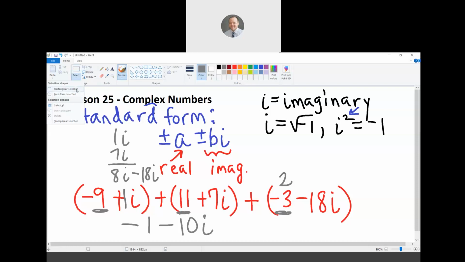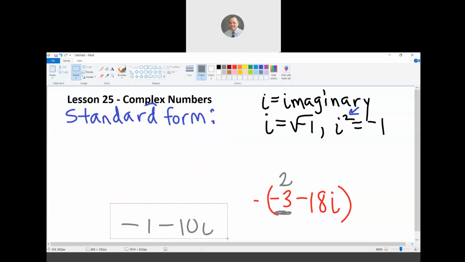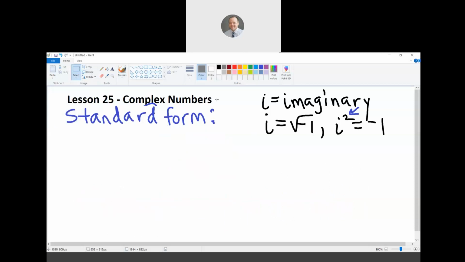Let's look at a subtraction problem. We have 17 minus i minus 5 times, in parentheses, 2i minus 7.